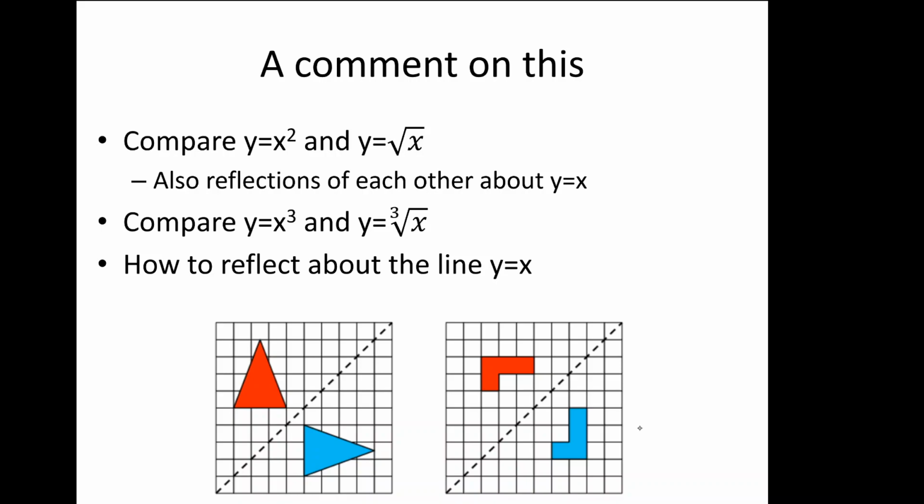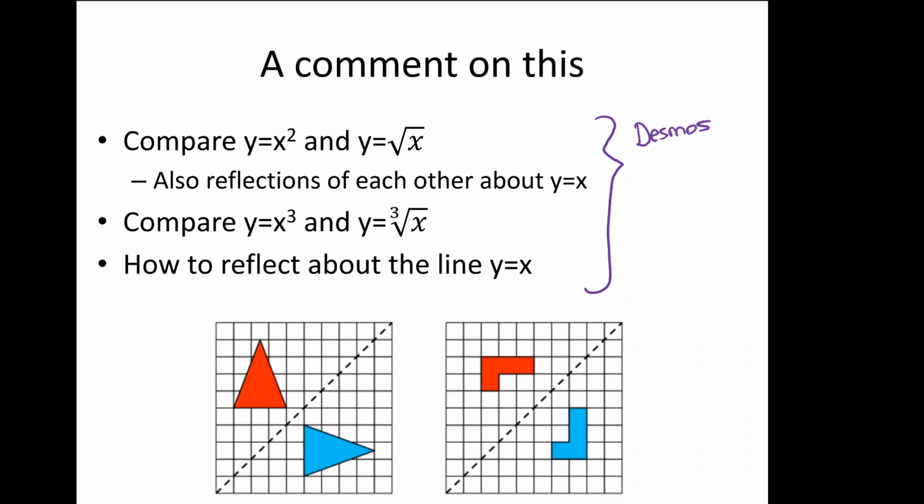And what I invite you to do is to use Desmos to explore this. Graph those two functions along with y equals x, and just confirm that they share that inverse, that mirror image property about the line y equals x.